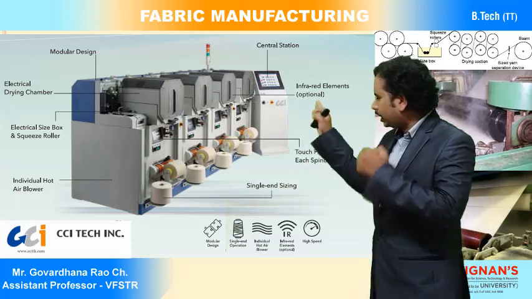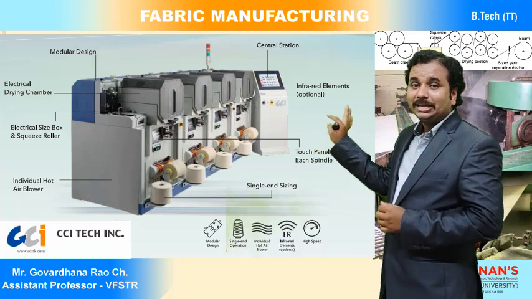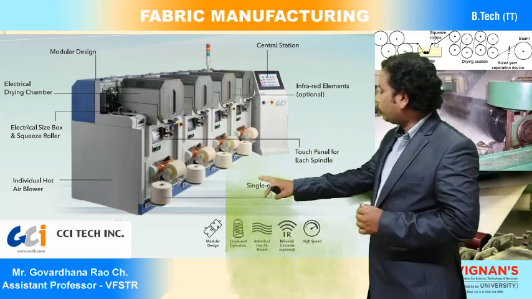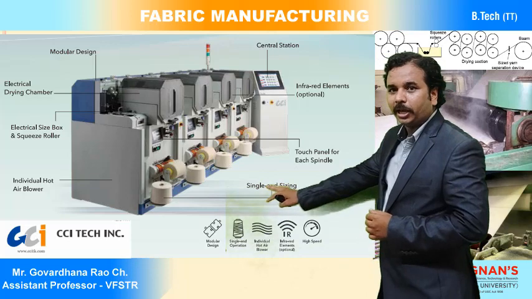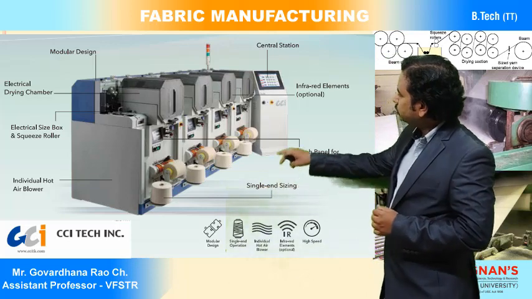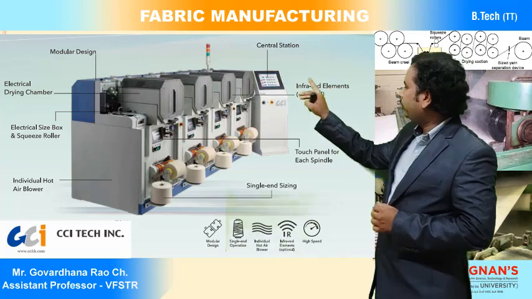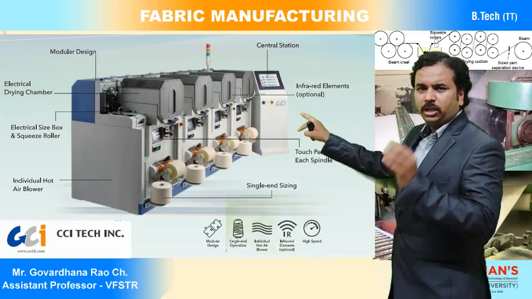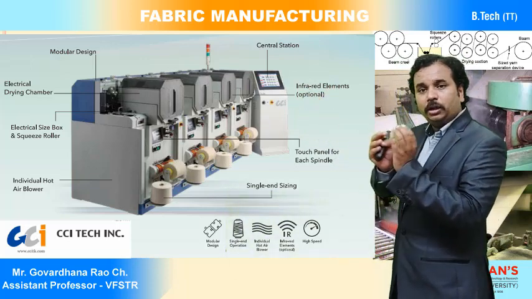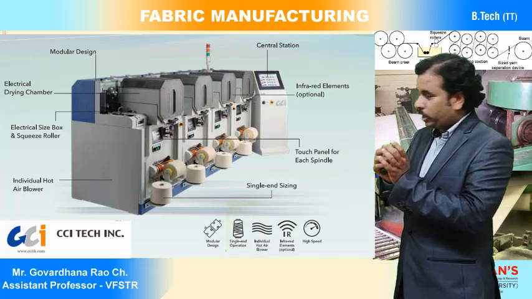This is called a single end sizing machine, where we keep only one package. The yarn is withdrawn from the package and passed through the size box, which has a small trough, an immersion roller and a squeezing roller.